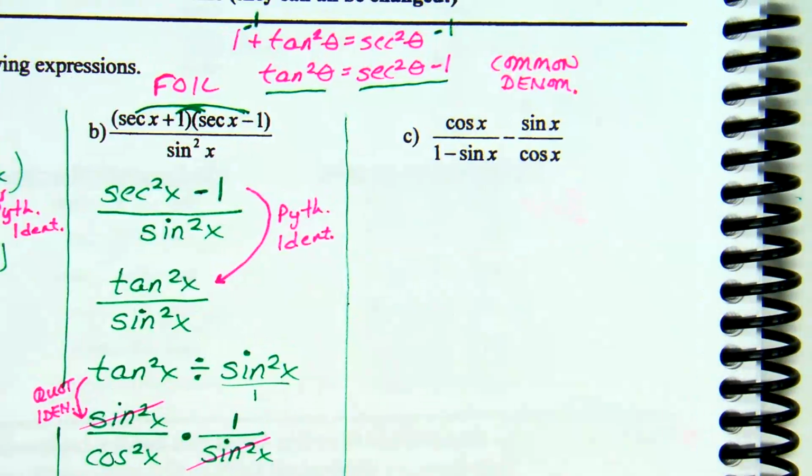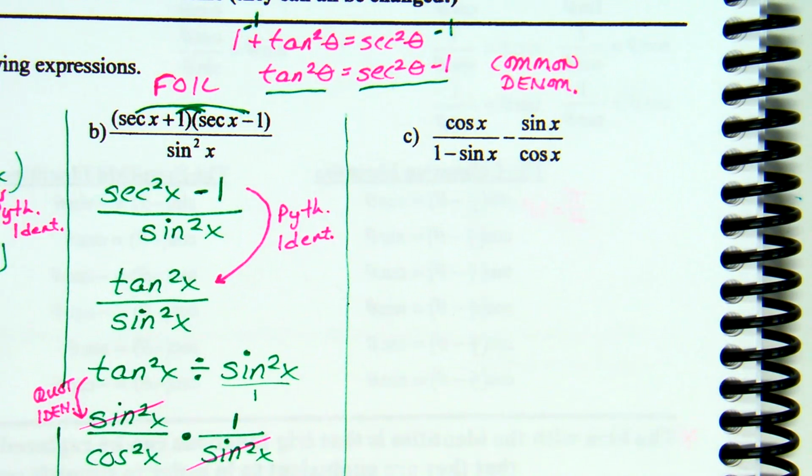Cosine x's cannot cross cancel because these fractions are not multiplying. If my fractions were multiplying, I'd be right there with you. Let's cross cancel. Oh man, I've got rid of that Pythagorean identity. It's getting a lot easier here. Unfortunately, no. When you add and subtract, you can't cross cancel. Not to get your correctness points, right?